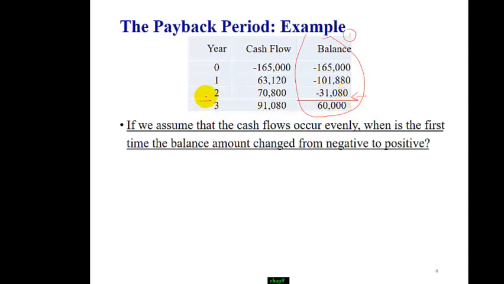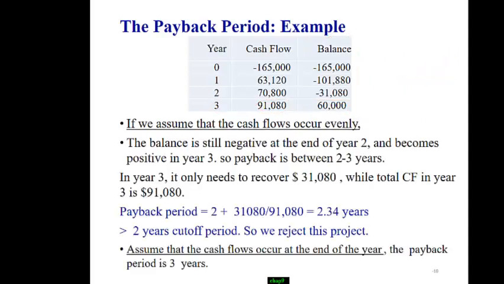This is between year 2 and 3. Lastly, by the end of year 2, we still owe $31,080 to recover. And in year 3, the total amount of cash flow coming in is $91,080. So this gives us the payback period calculation: 2 years plus about 0.34.